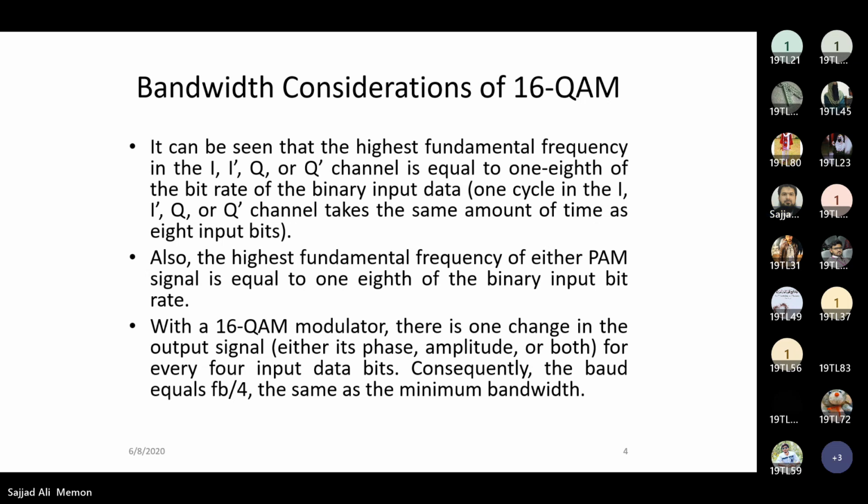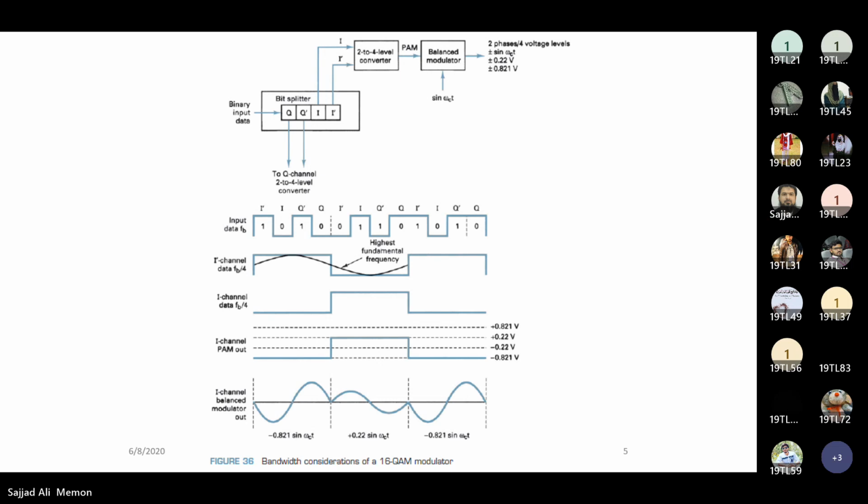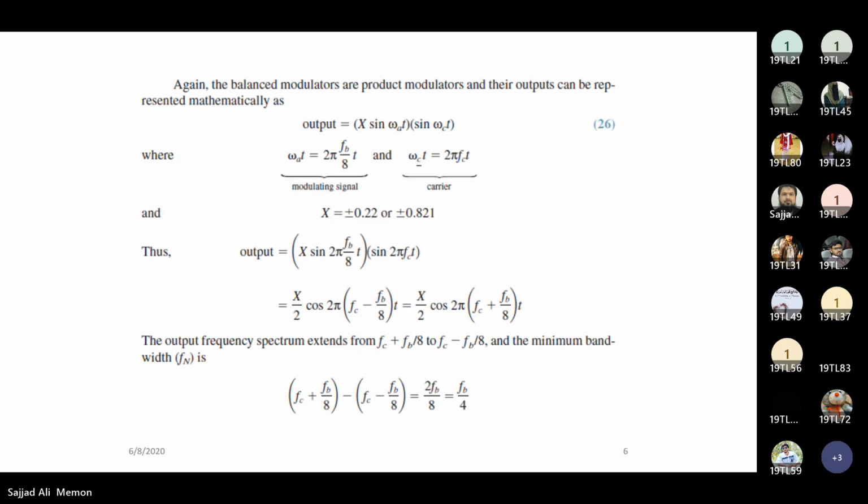That's true because the signaling element will change after 4 bits. Consequently, the baud will be equal to FB by 4, the same as the minimum bandwidth. So this is how we calculate the bandwidth from the product modulator.